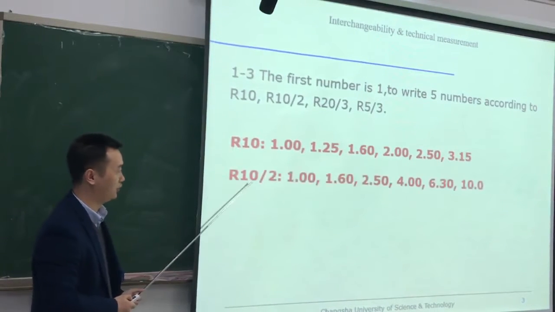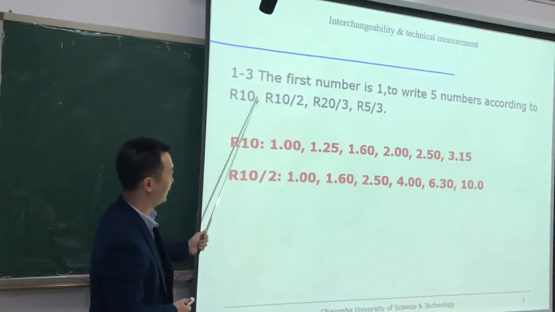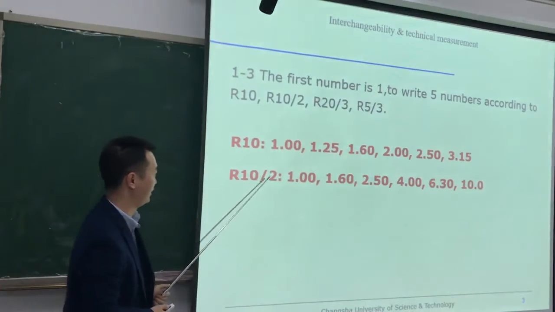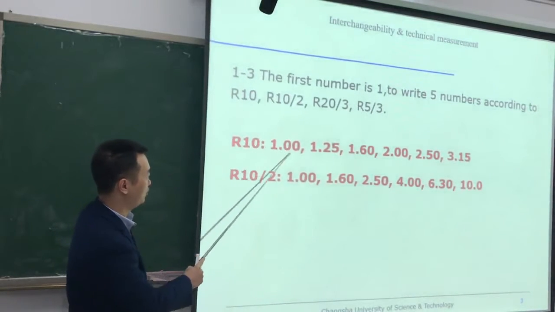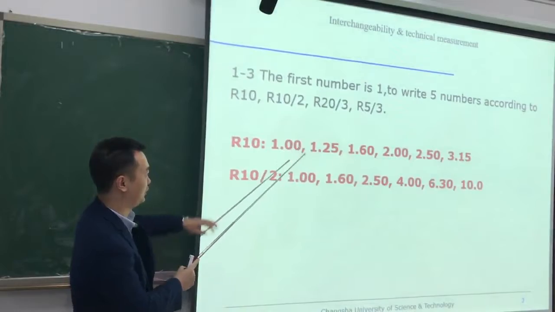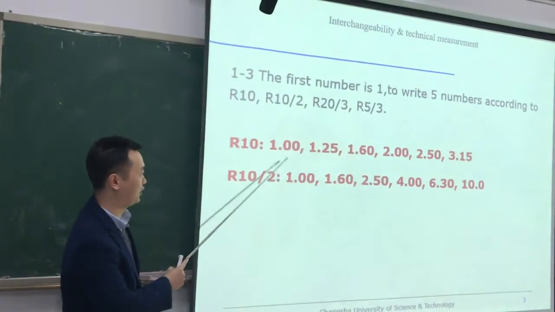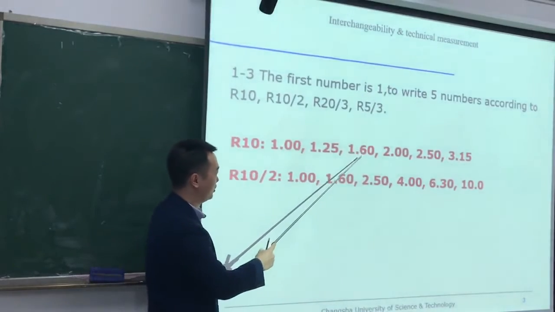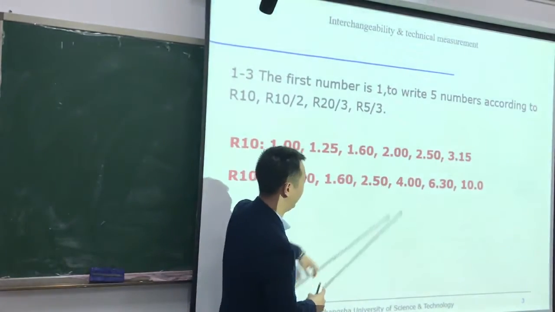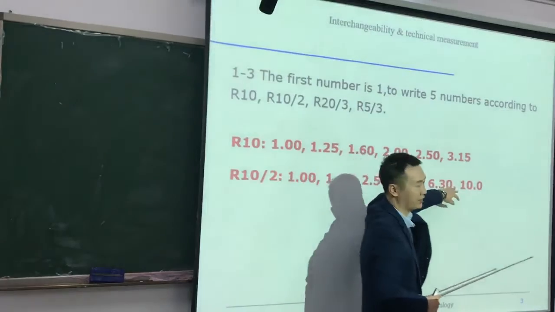Then the second series is R10/2. It means that for every two preferred values in the R10 series, you pick 1. So we get 1, 1.6, 2.5, 4, 6.3, and 10.